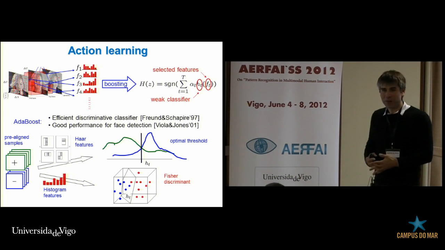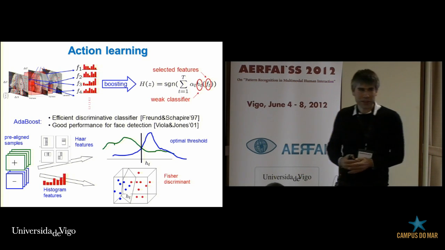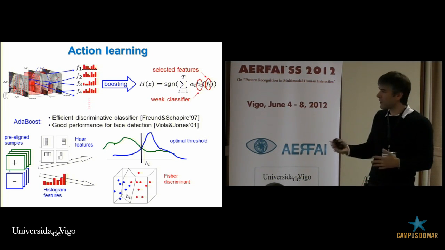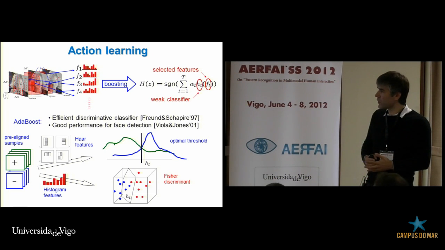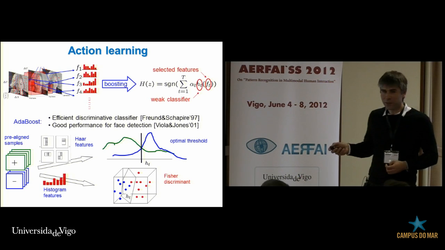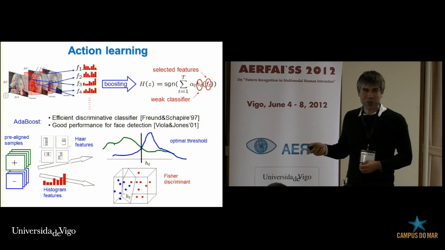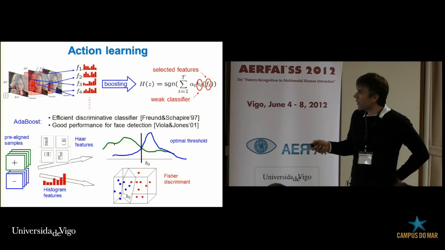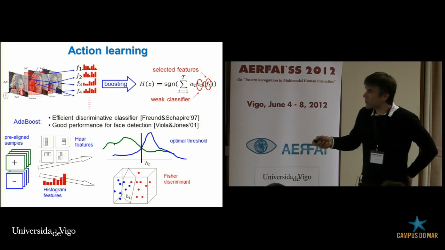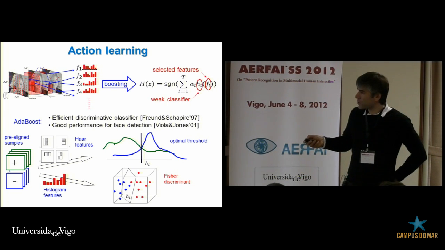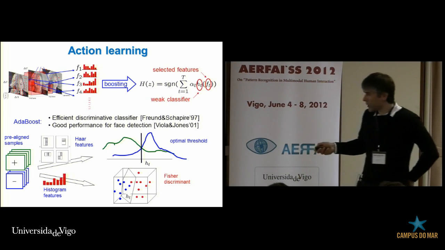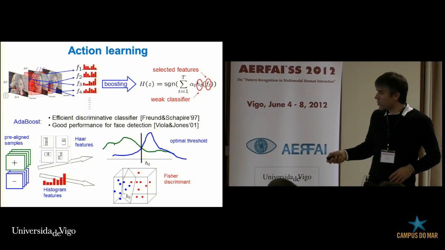If you are familiar with face detection, here is AdaBoost face detection, and here is an analogy to it. Instead of faces, we now have a piece of data which we describe with histograms of motion and gradients. This is the AdaBoost classifier which we train to select the boxes, and the features are the boxes, and h are the weak classifiers, which is basically a threshold surface in a feature space.